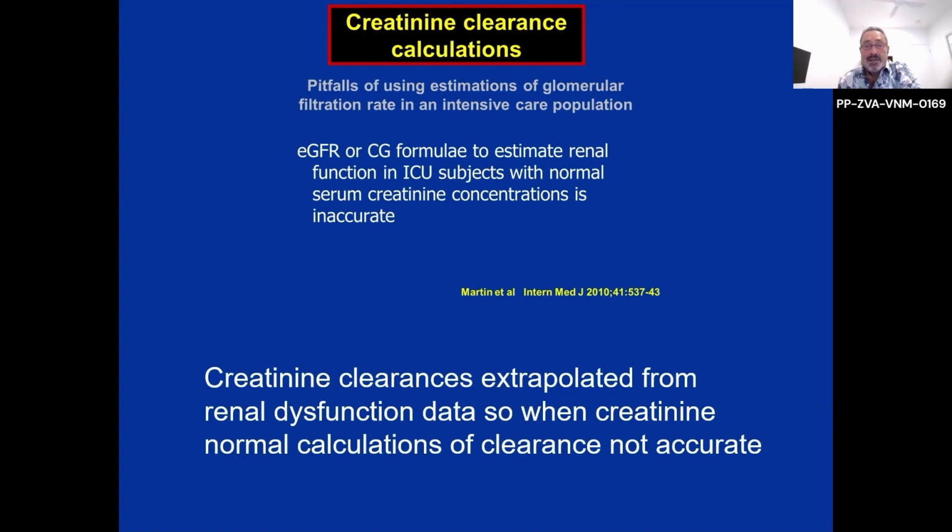None of that database that we rely on for eGFR or for Cockcroft-Gault were done in the augmented renal clearance group. So creatinine clearance extrapolated from this renal dysfunction to patients with normal serum creatinine is not accurate.